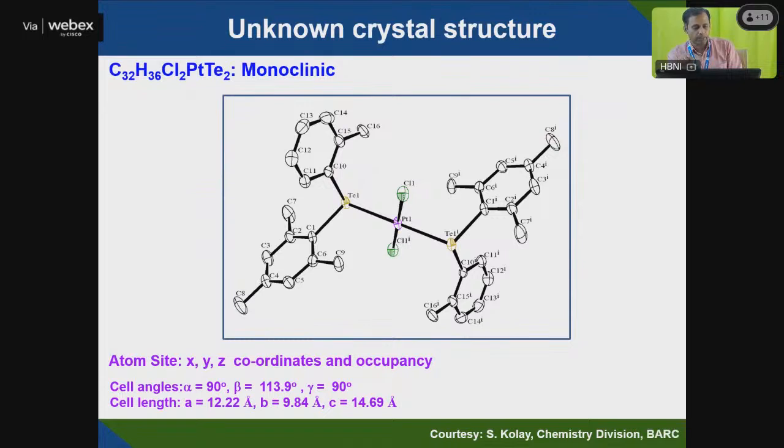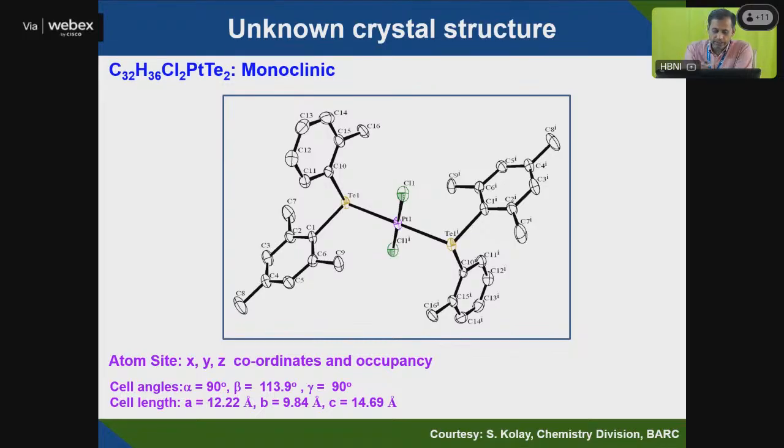This is another example. This is a monoclinic structure, an unknown crystal structure, of a carbon 32 tellurium platinum complex with chlorine. After we get this XRD structure, we get the atomic X, Y, Z coordinates, and by measuring the cell angle, the length, the bond length, and all these things, you can predict the crystal structure.